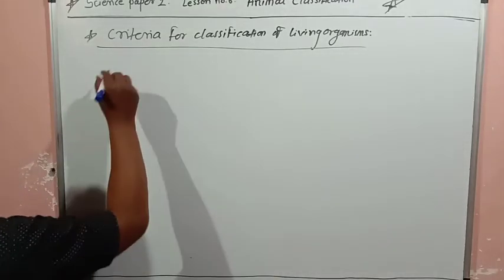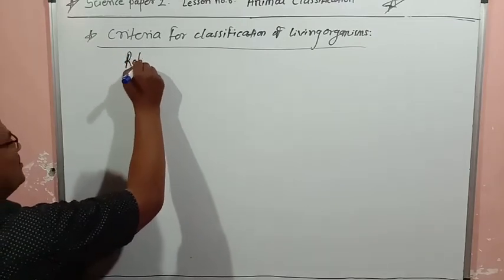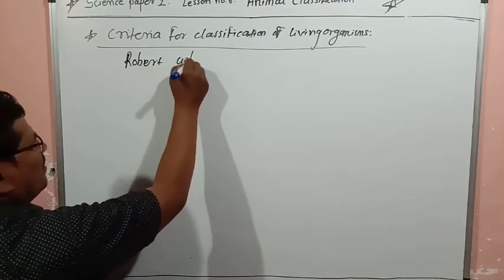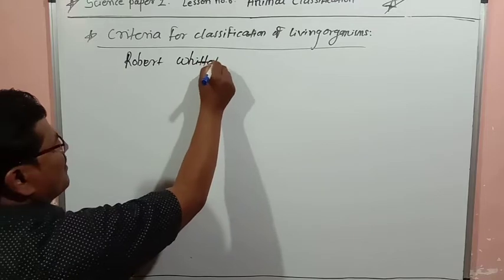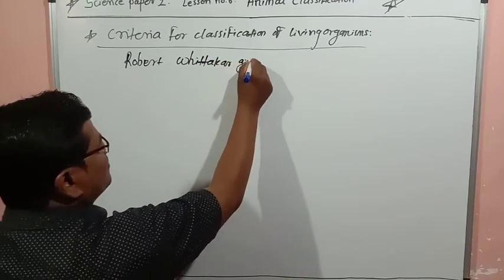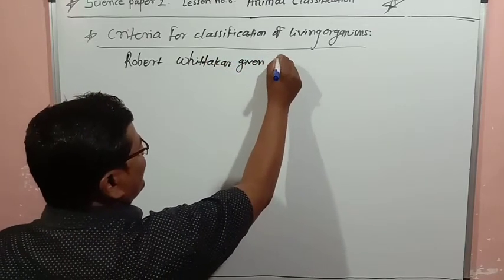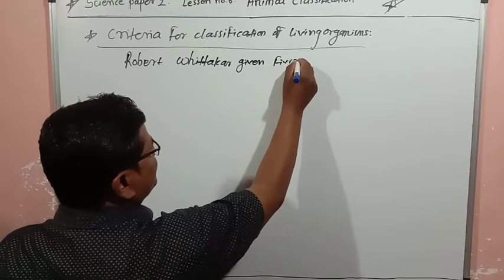Robert Whittaker gave the 5 kingdom classification system.